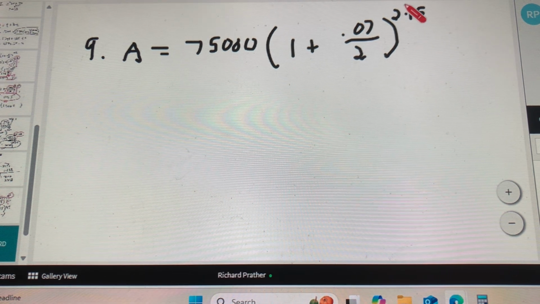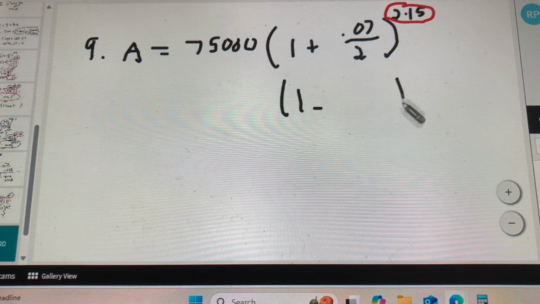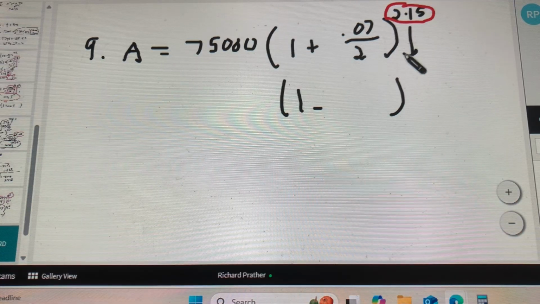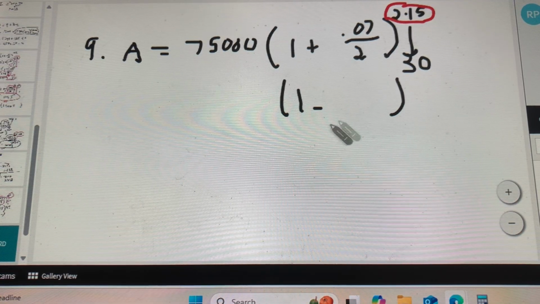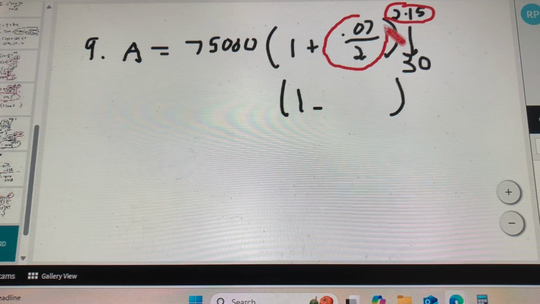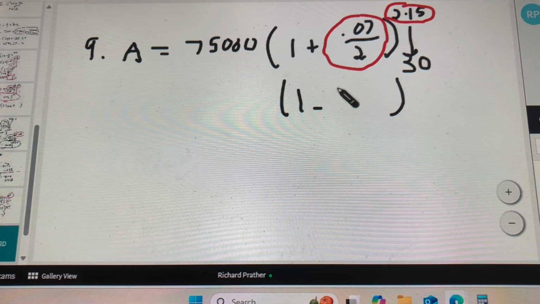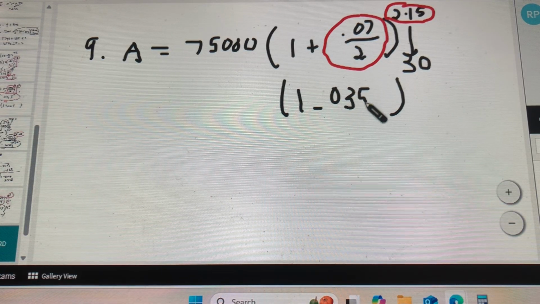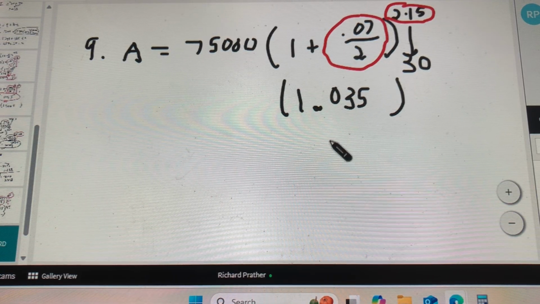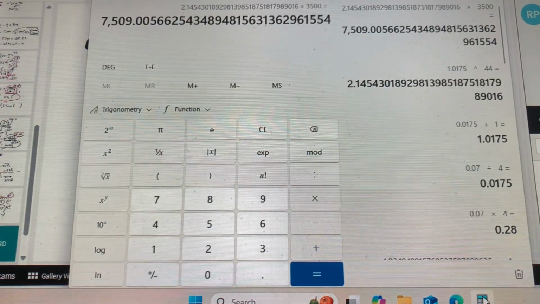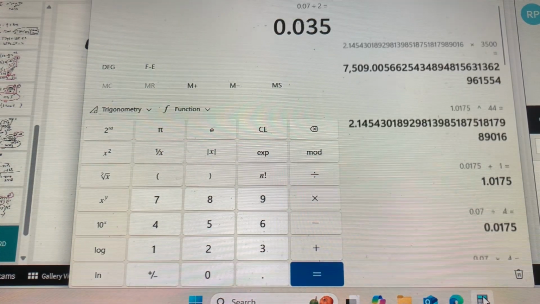Same 4 steps as usual. Do the exponent first. 2 times 15 is 30. Do the fraction second. Turns out 0.07 divided by 2 is 0.035 exactly.